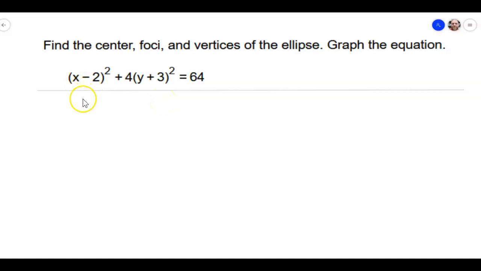If the value under the x term is higher, then it's being stretched horizontally, and the x-axis is the major axis. If the larger value is under our y squared term, that means it's being stretched vertically, and the y-axis will be our major axis.